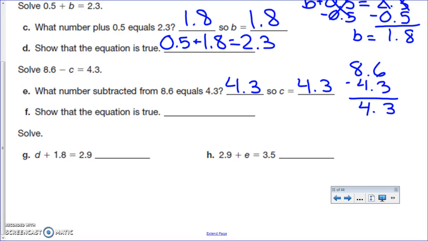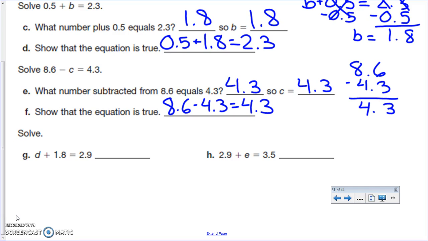And in this case, it turned out to be 4 3/10. So now we're going to plug it back in to show that the equation is true. Now for g and h, we need to solve.